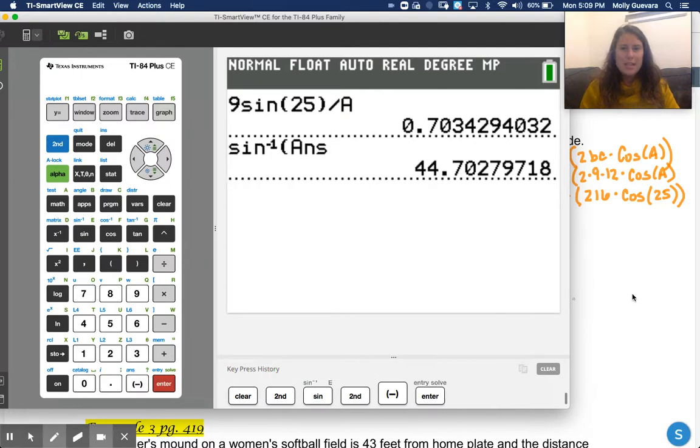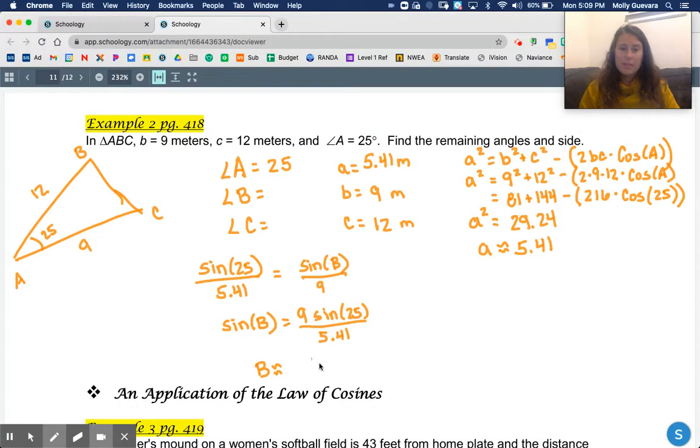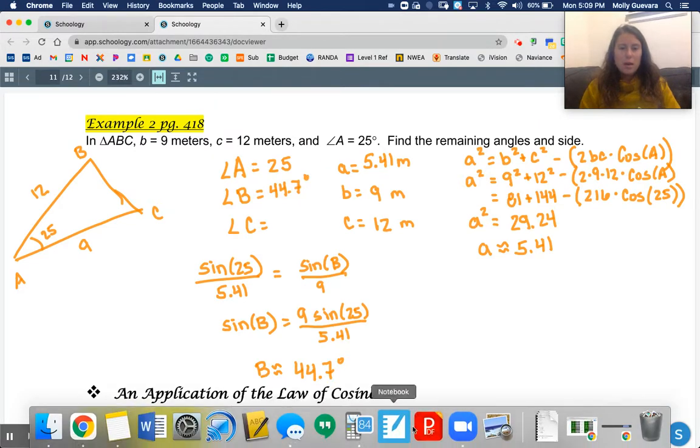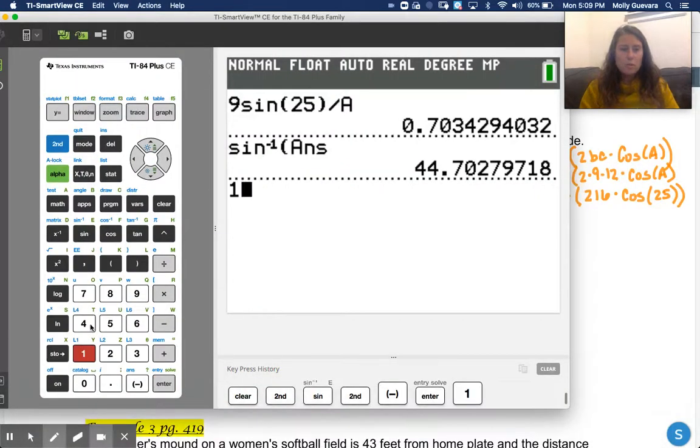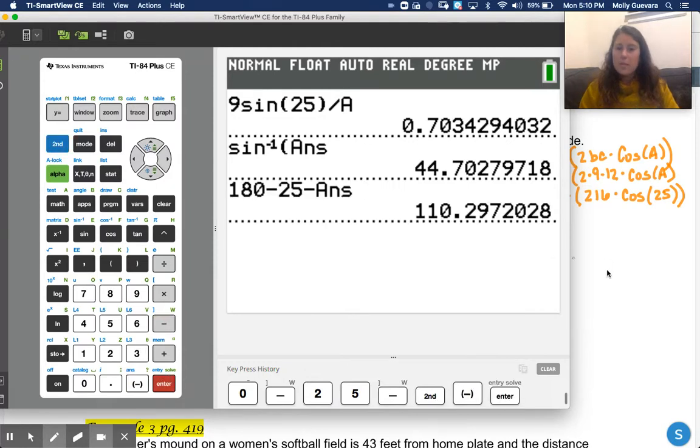And I get 44.7. So B is about 44.7 degrees. And I can save that under B, or I can just do 180 minus 25 minus my answer. And I get 110.3.